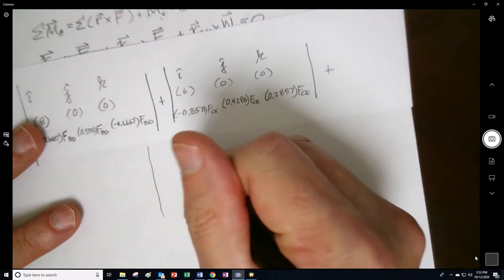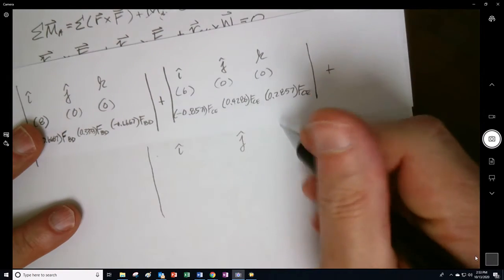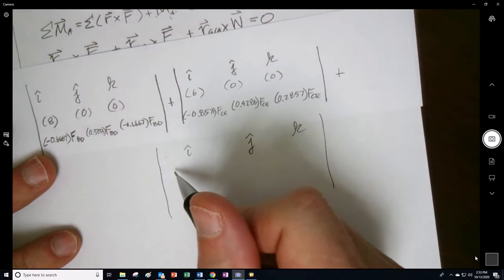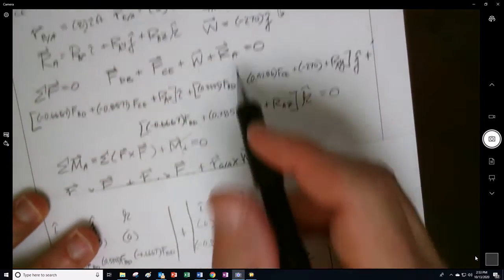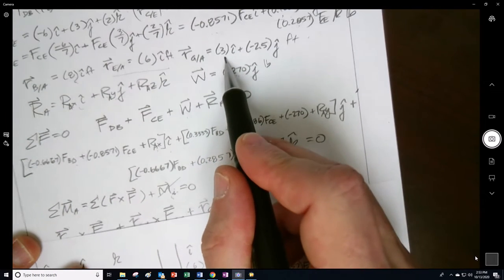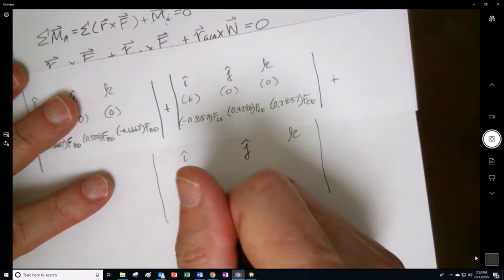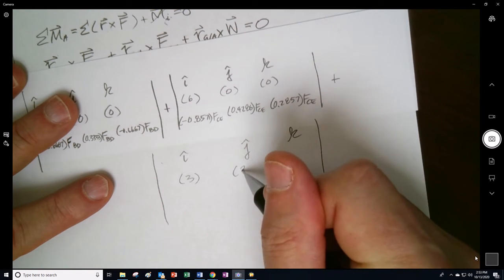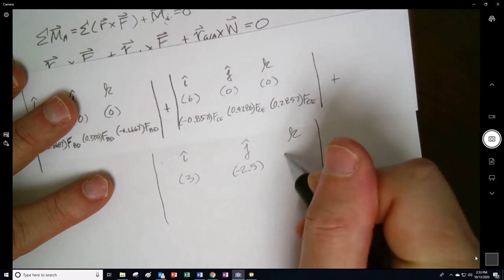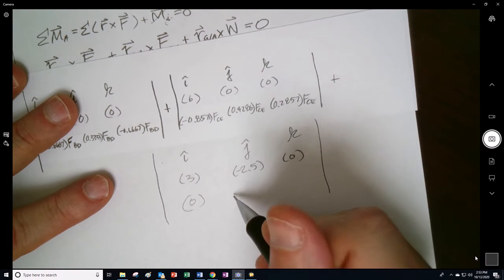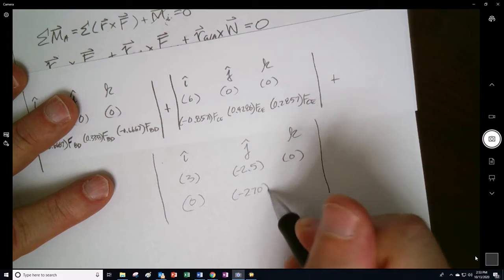So i, j, and k, using up the space. Let's see, RGA was negative 3, positive 3 and negative 2.5. And the force was only in the negative 270 direction here.